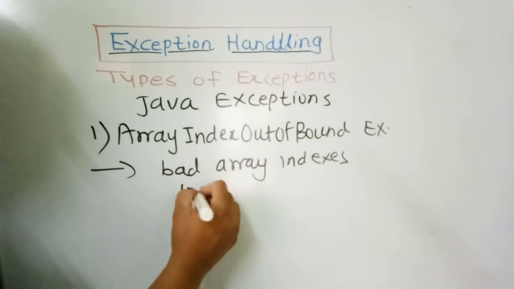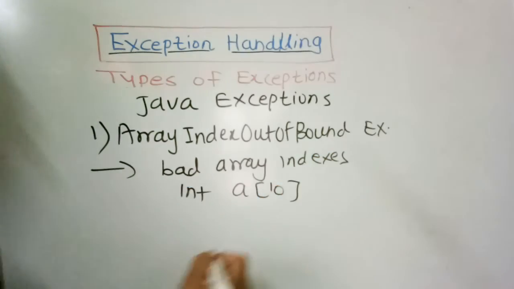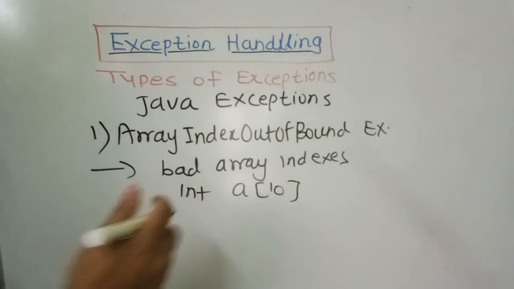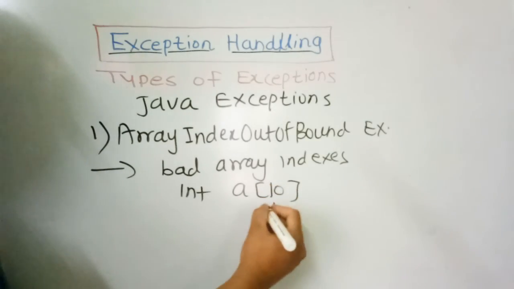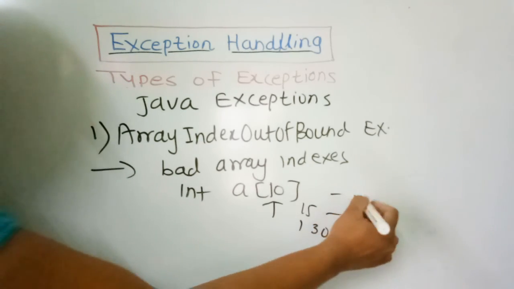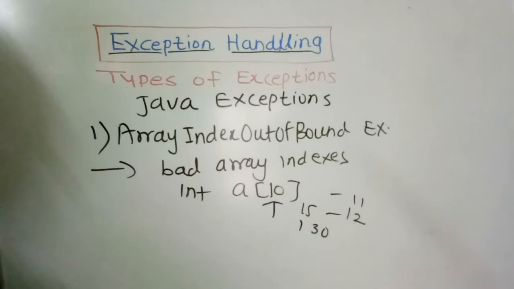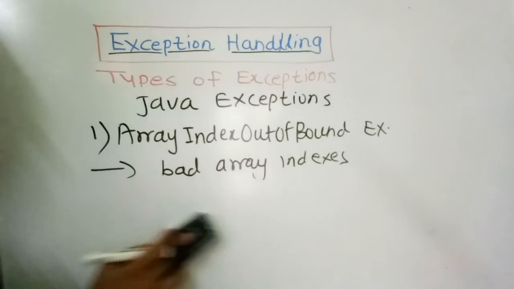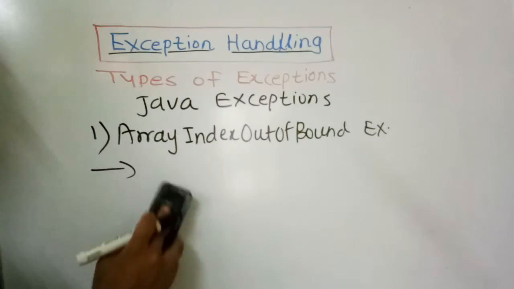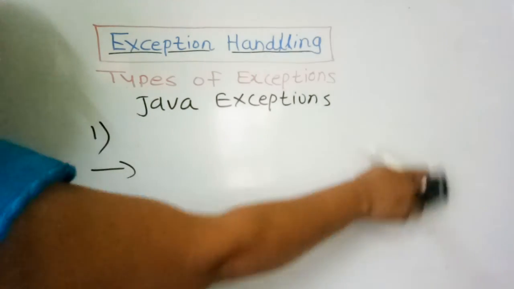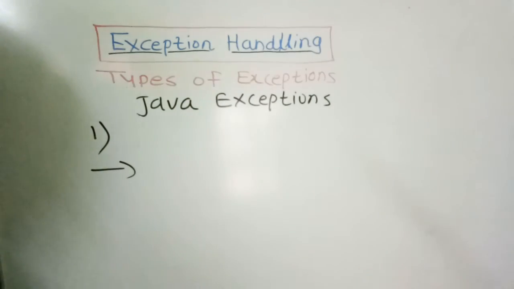For example, an integer array a of size 10 has a limit of only 10 elements, but you are trying to access elements 15, 13, 12, or even just one more, 11. This causes the system to go into an array index out of bounds exception, because it is not within the capacity of that array.